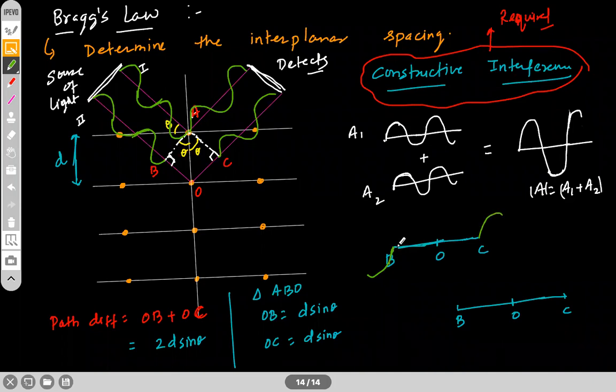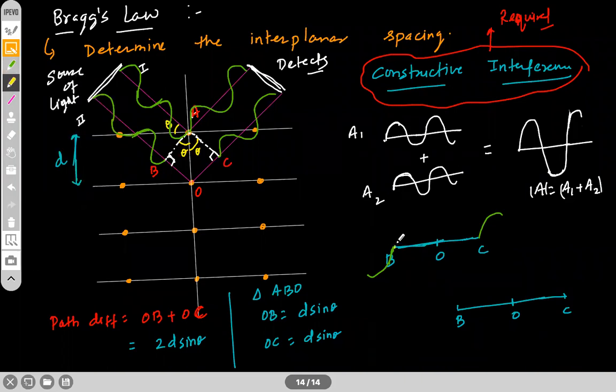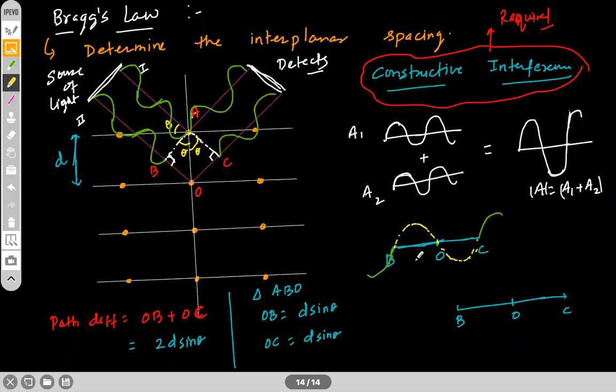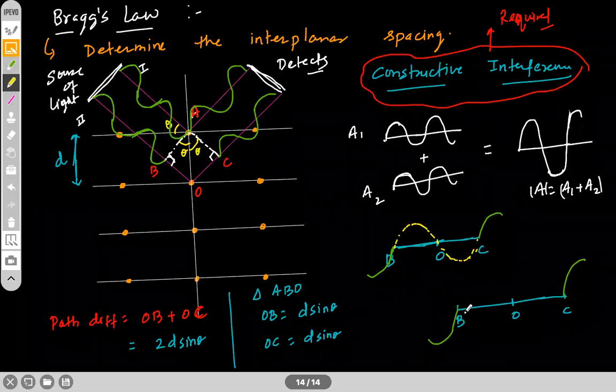It means one possibility is that this wave will come down and then go like this. And this is one complete wave, so this distance is the wavelength lambda. Another possibility is that if the wave is going this way at B and coming out at C, it will go this way.